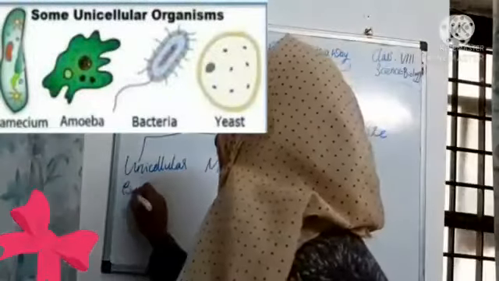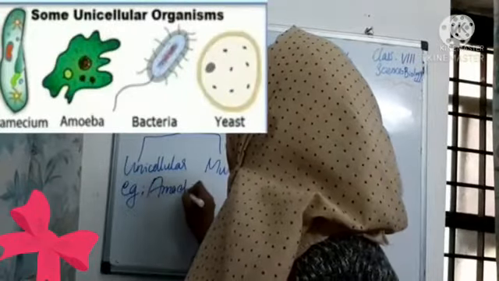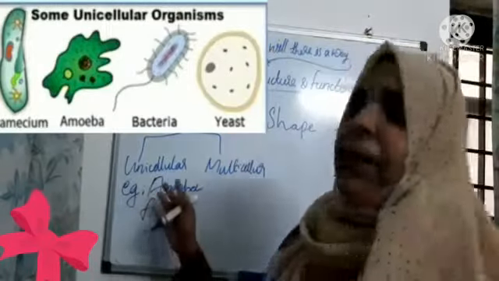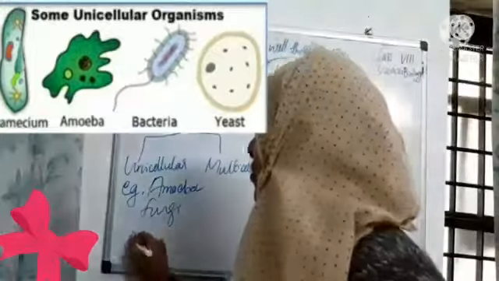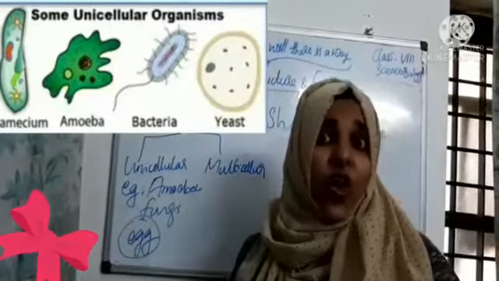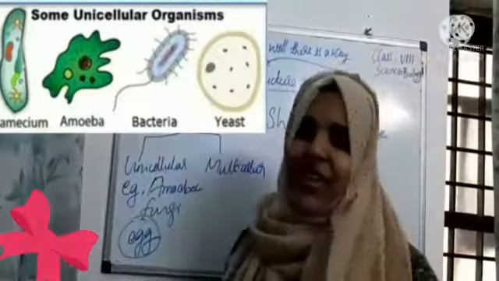So we can say examples like amoeba, protozoa, fungi. These organisms are all made up of only one cell, and the egg of a hen. That is also unicellular, only one cell we can see in the egg of a hen. Then what about a multicellular organism, children?